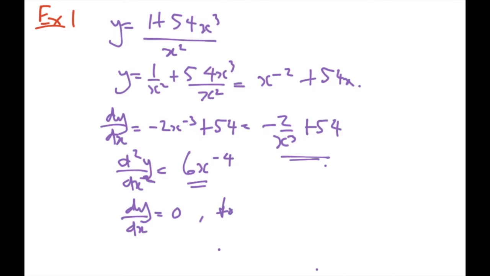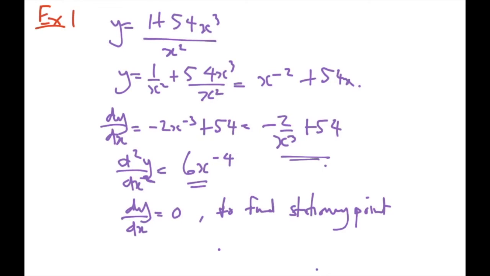Now to find the coordinate of the stationary point, make dy/dx equal to 0. At the stationary point the gradient is 0. So to find the stationary point, where is that point, what is the x and y coordinate, make dy/dx equal to 0. So we have negative 2 over x cubed plus 54 equal to 0.